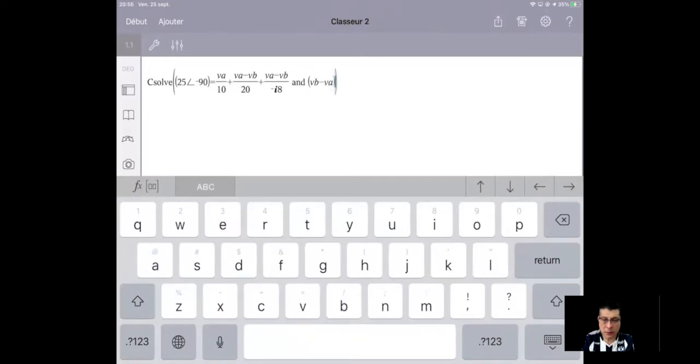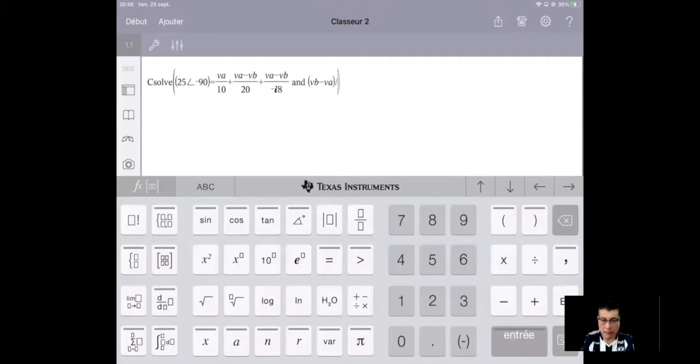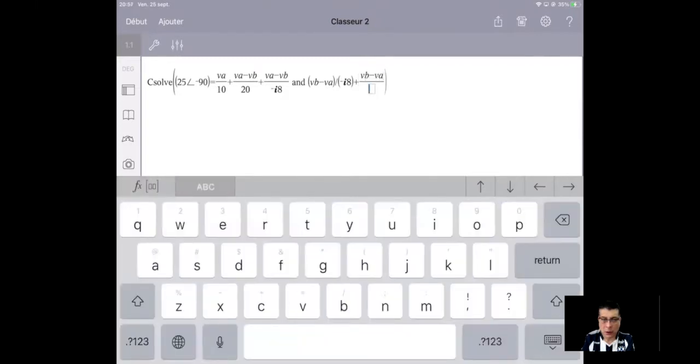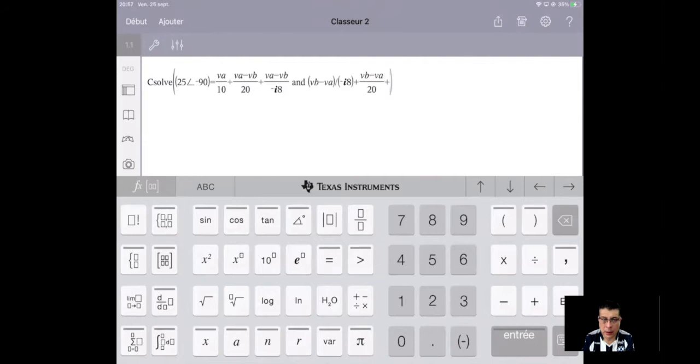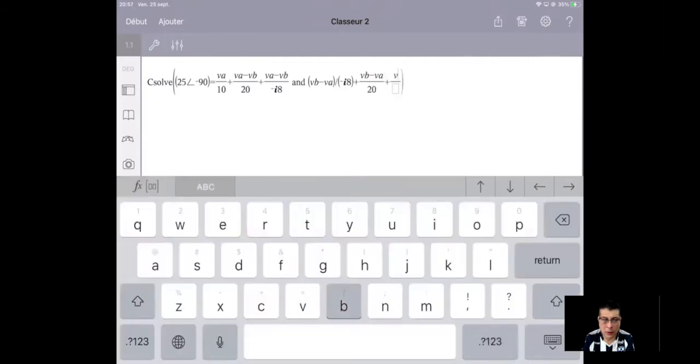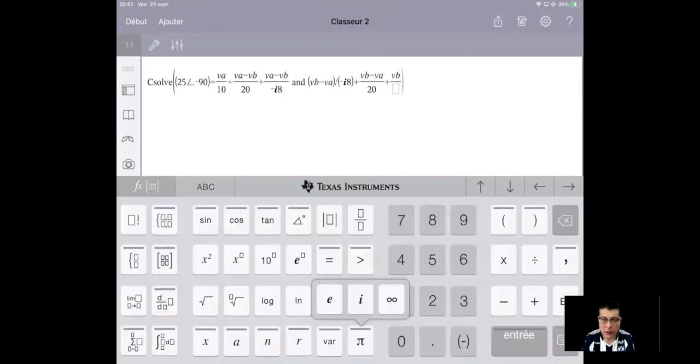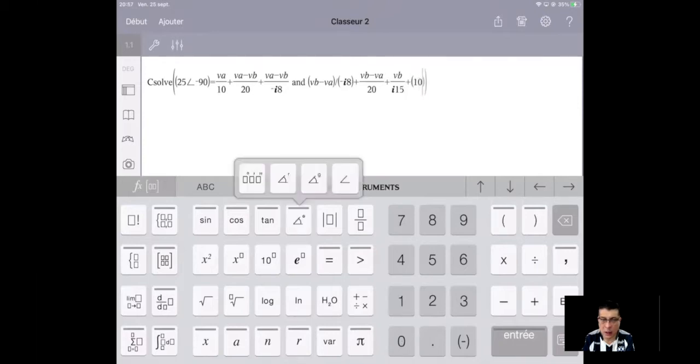And the other equation is going to be V beta minus V alpha over minus J8 plus V beta minus V alpha over 20 plus V beta over J15, and this is going to be plus 10 angle of 25 degrees, and this is equal to 0.